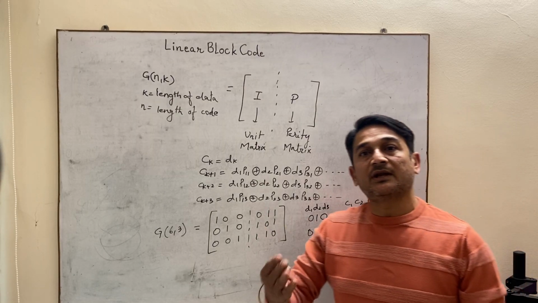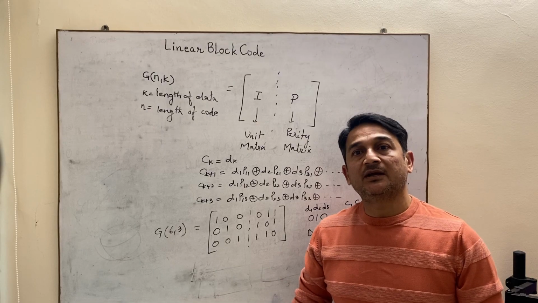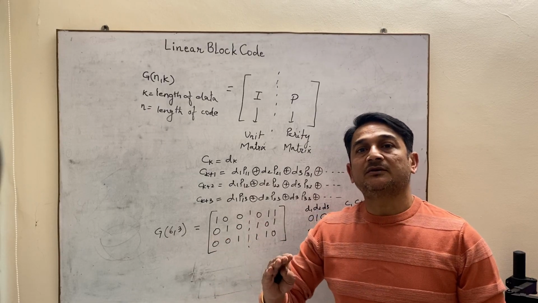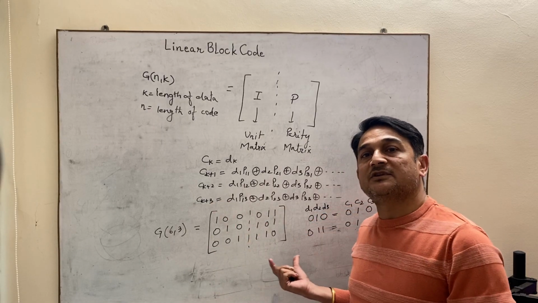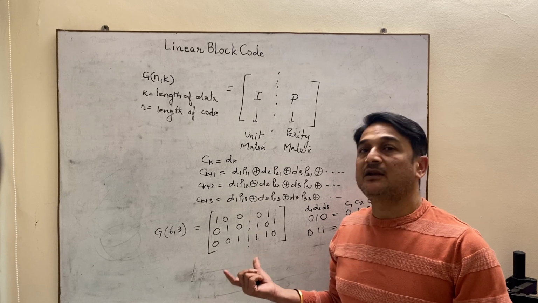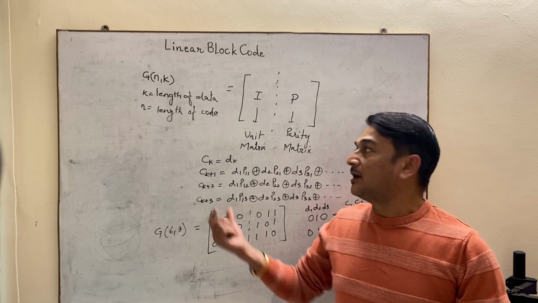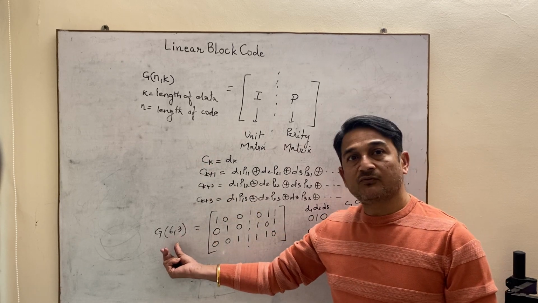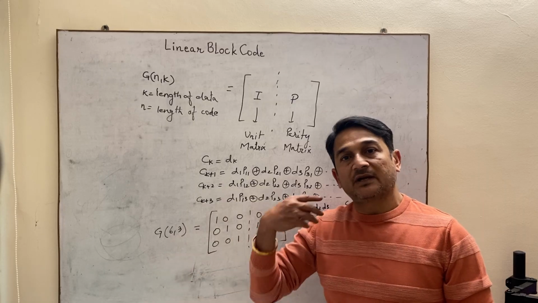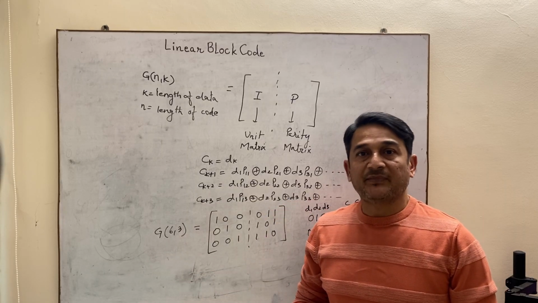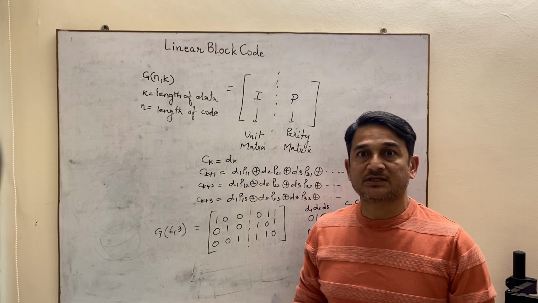So this is how you can generate all the codes related to the respective data for any linear block code. For example, if it is (7,4), that means the data will be 4 bits and the code will be 7 bits.